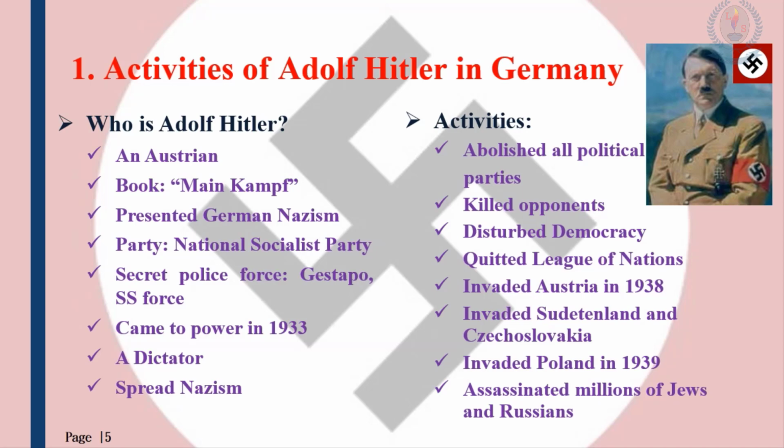Once he got the power in Germany, he abolished all political parties and started killing his opponents such as communists and Jews with his secret police forces, and he disturbed democracy. What is democracy?